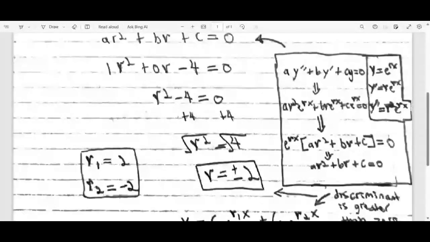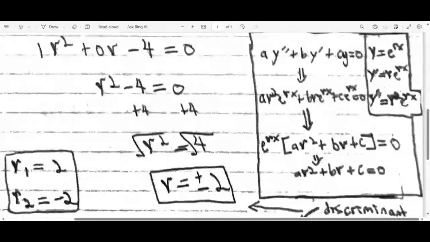This is a different question, but to the right was what I was doing. So your y equals e to the rx, your y prime equals r e to the rx, y double prime equals r squared e to the rx. Now your substitution makes sense. Now you can use r to represent your y prime, and r squared to represent your double prime. Okay, now I'm clear. You can go back.